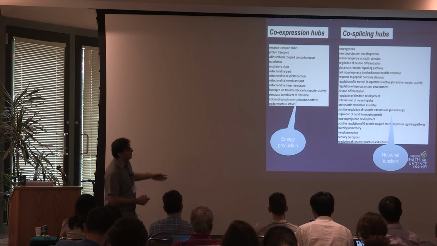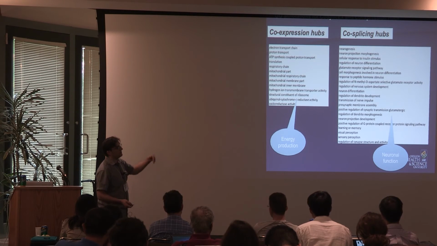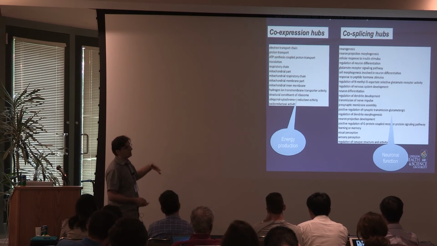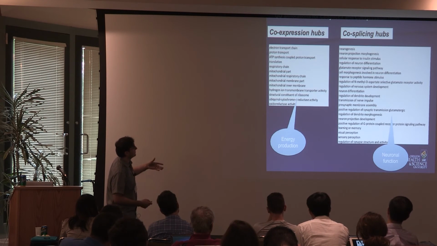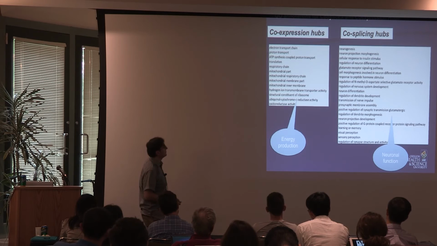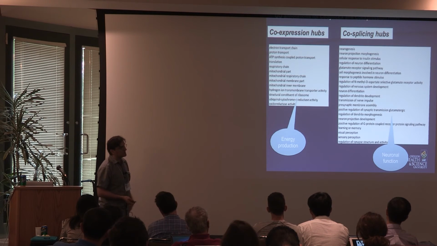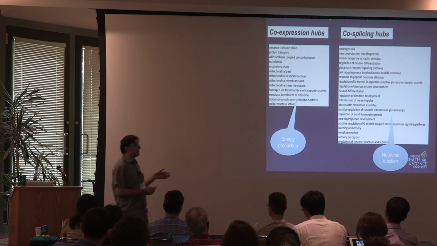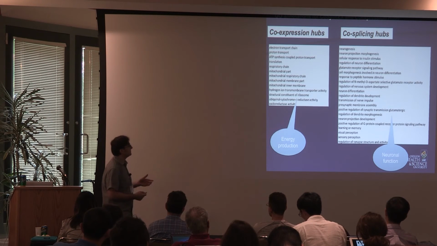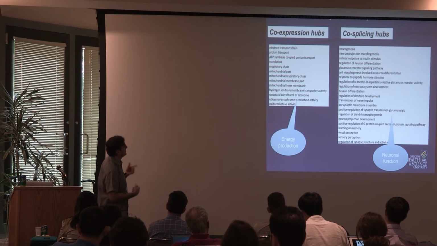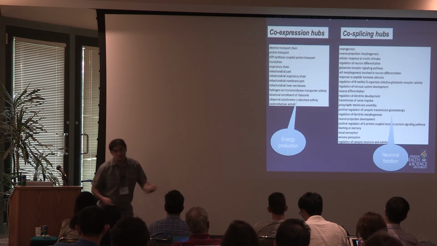And if you look at the GO and you collect all the genes that are involved in synapse, you will find that they are long and with many exons and many annotated isoforms. So the fact that they are long is kind of confounded with the fact that they are involved in neurophysiology.